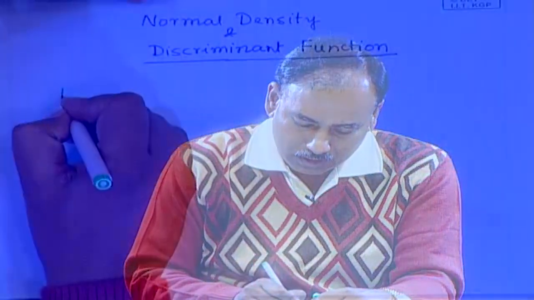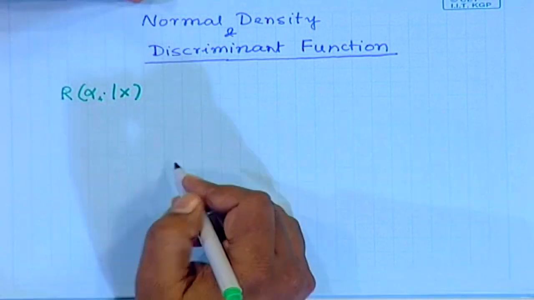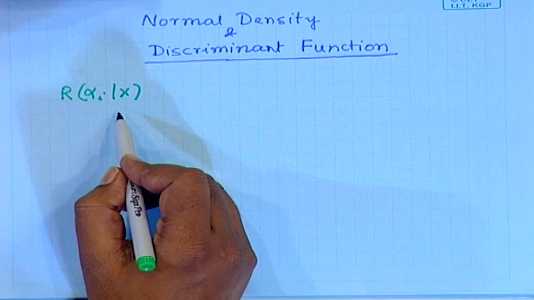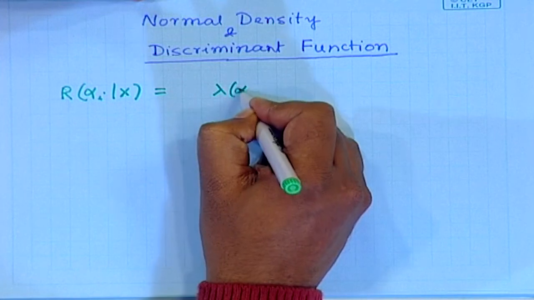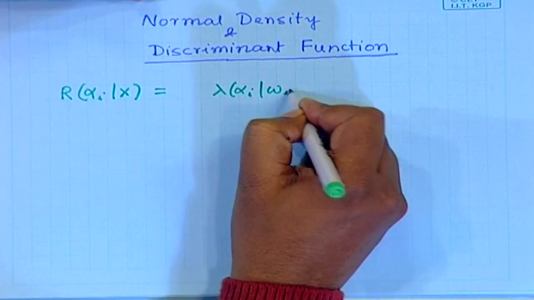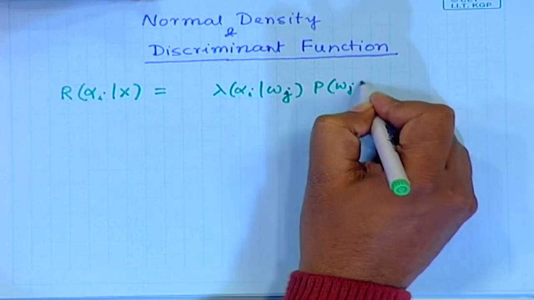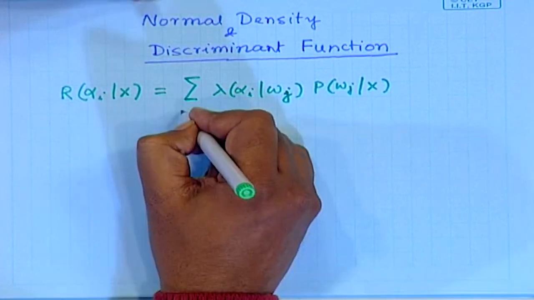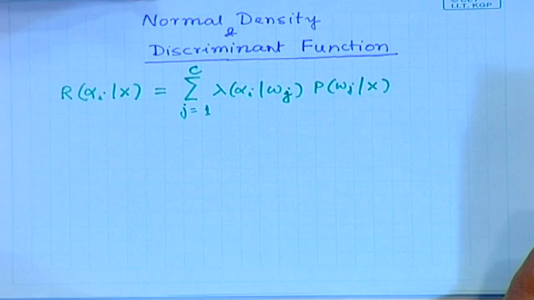So, the risk function that we said was of this form: R of alpha i given x, that means given a feature vector x, the risk involved in taking an action alpha i, which was of this form: summation of lambda of alpha i given omega j into p of omega j given x, for j equal to 1 to c, where c is the total number of classes.